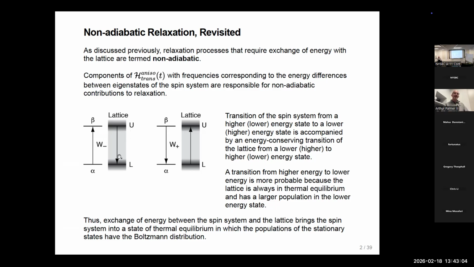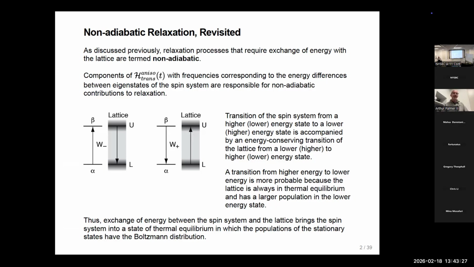And all this fuzziness is meant to mean that there's plenty of levels available. And here, if we have a transition from beta to alpha, which I've called W plus, then we must go from the lower level to the upper level.